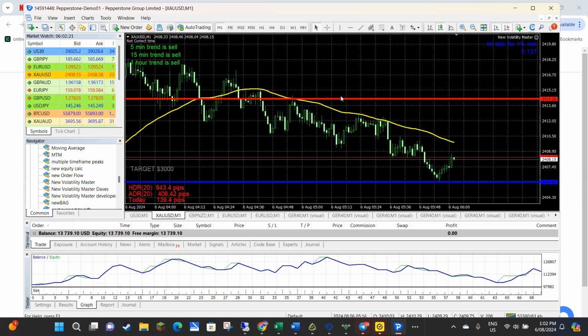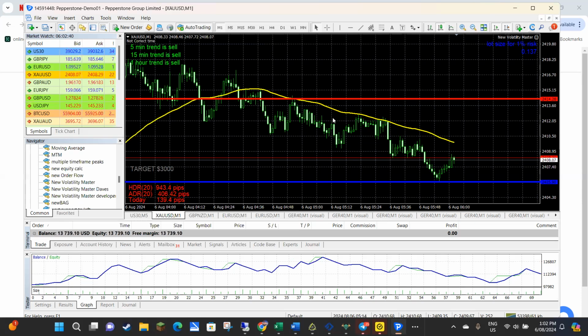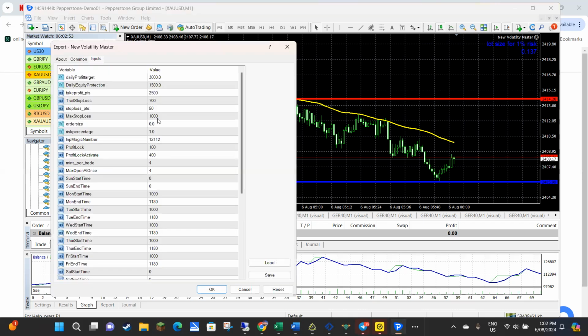So if for some reason the range was a lot more than that, the stop loss distance would be set a long way away, which you may not want, although it's generally a good idea to make sure it is on the outside of that range. But sometimes you might have an excessively large range and you don't want your stop loss that far away. So that's where the maximum stop loss setting comes in.